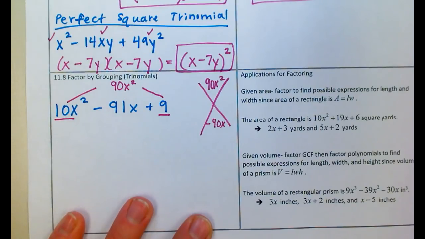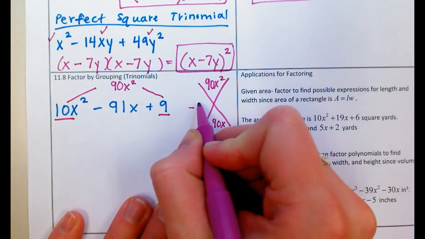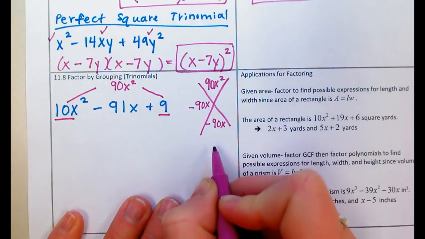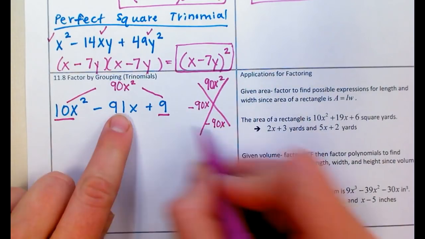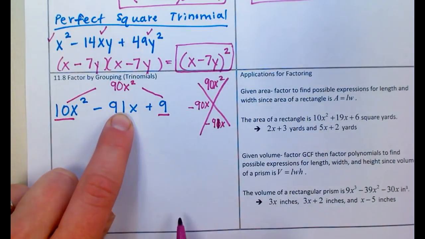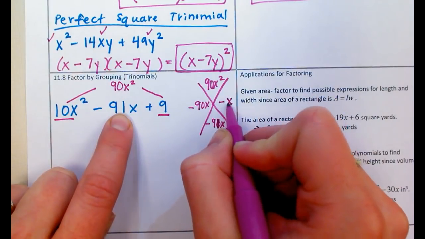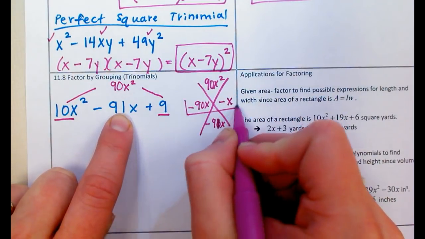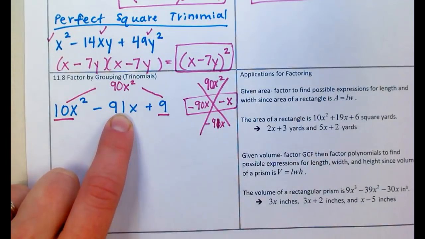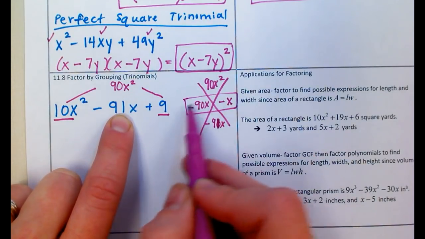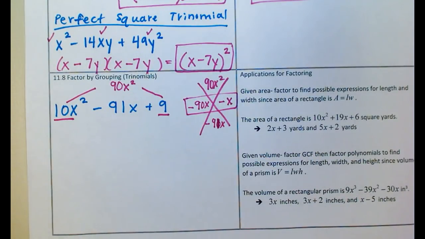The two terms that make this work are negative 90x. Oops, this one's negative 91. My apologies. And negative 1x. These add to negative 91x, and they multiply to a positive 90x squared.